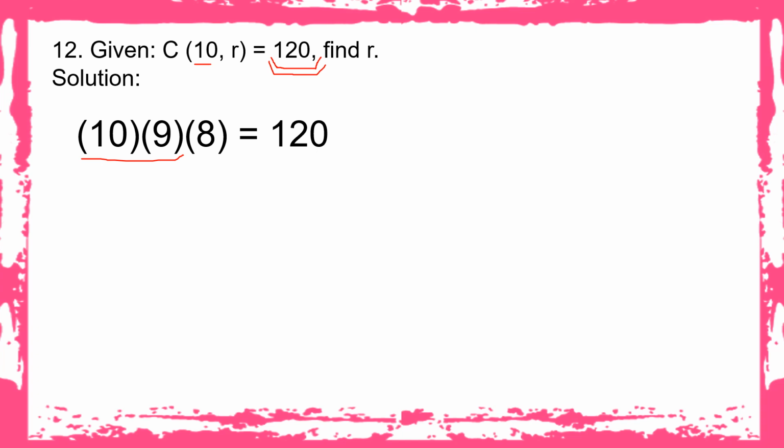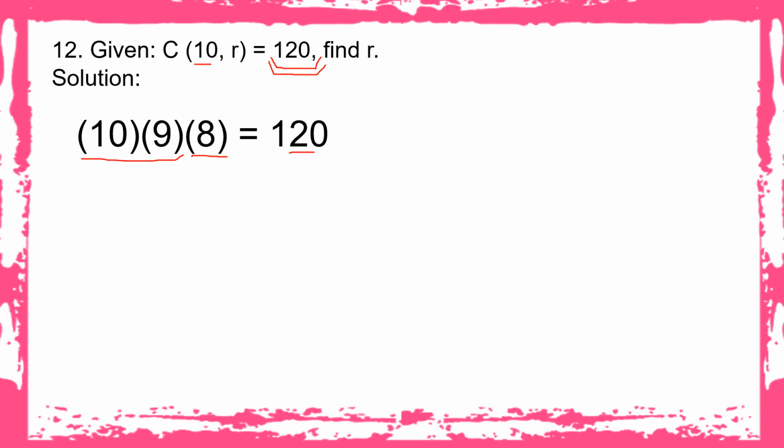So we will multiply it with the number next to 9, which is 8. So we will try again. 10 times 9 is 90, multiplied by 8 is 720. So 720 is greater than 120.